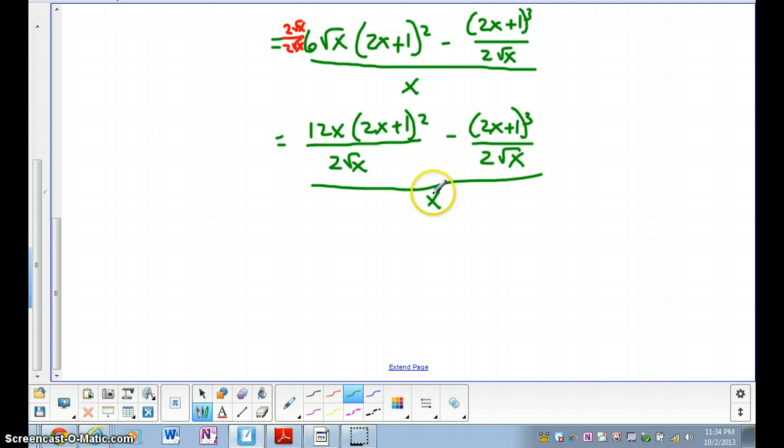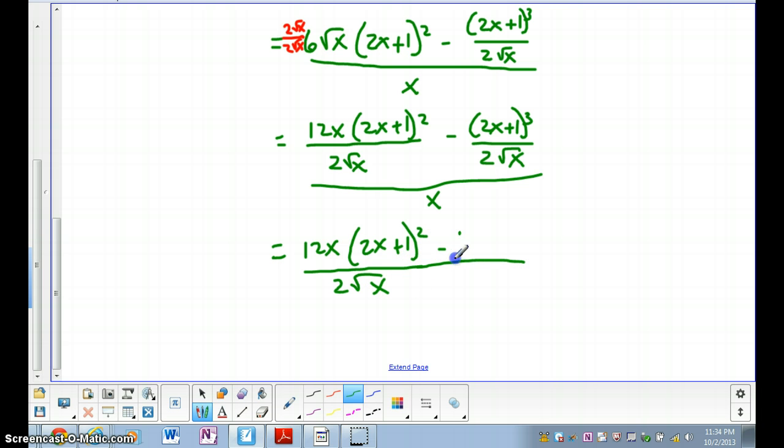So remember, when we have a fraction and we're dividing by another item, we can multiply by the reciprocal. Okay, so we're just combining the numerator, since they have the same common denominator, and we're going to be multiplying by 1 over x, since this is divided by x.